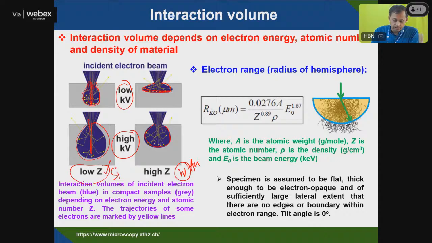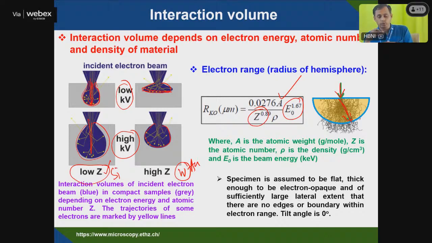Briefly, this electron range R depends upon the atomic number Z of that element and the energy of the incident beam, and using these you can see the penetration depth or electron range.